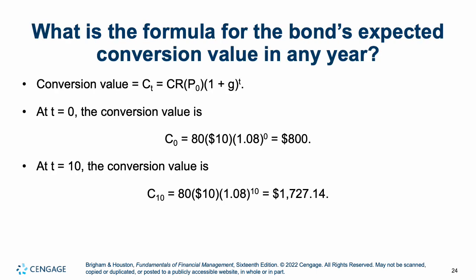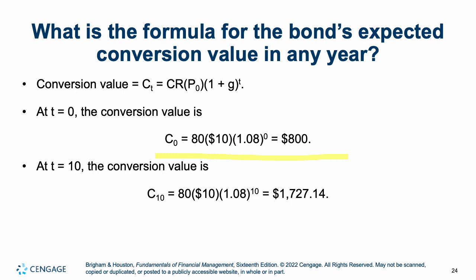So what's the formula for the bond's conversion value in any year? Conversion value is equal to your conversion ratio at price 0 times 1 plus our growth rate to the power of t. So if we want to know at year 0, it's simply going to be $800 right here. That's our conversion value, or less than we spent on the bond. Therefore, we would not want to convert the bond there.